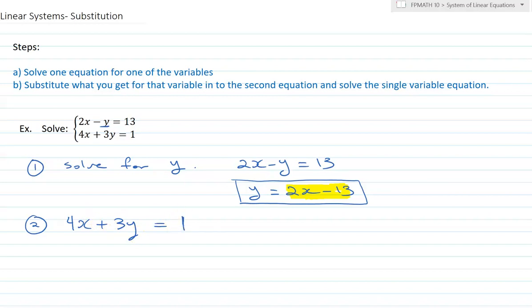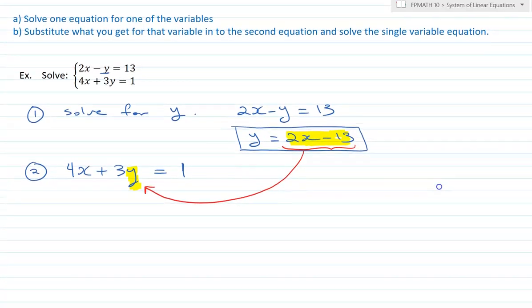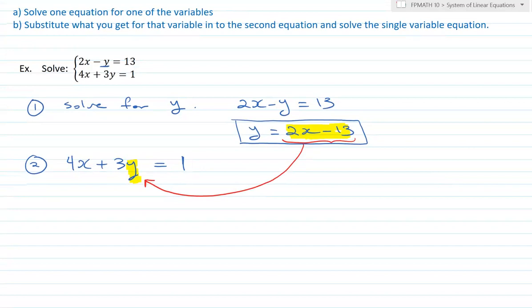Great. What was the y value? The y value, which is right here, is actually 2x minus 13. So we are going to take that and put it in place of y. And notice that when we do that, everything will be written in terms of x. So we're going to go ahead and do that.